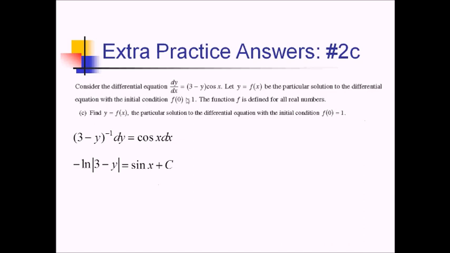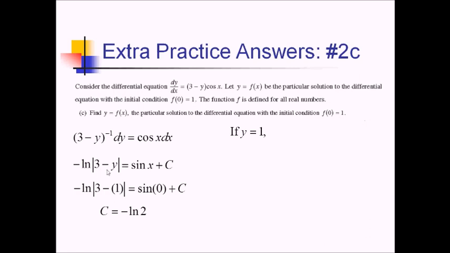Plugging in my initial condition, I've got 1 going in for the y value and 0 going in for x. Sine of 0 is just 0, so I really just have c on the right side. On the left side, this is negative ln of 2. I'm going to plug that in for c in just a moment, but let me figure out what to do with this absolute value expression. Now, my initial condition said I had an initial y value of 1.